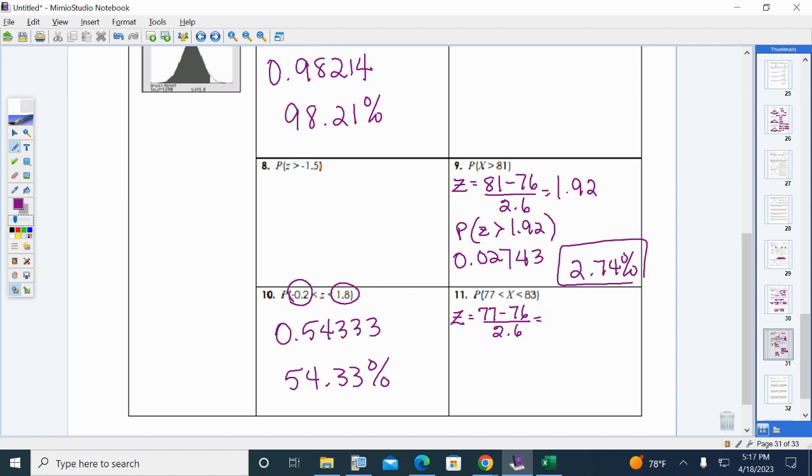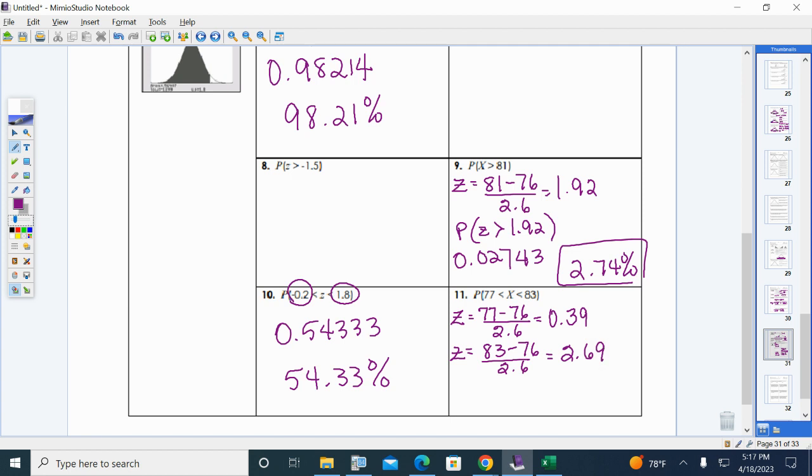That's going to give me a z-score of 0.39. And then for the 83, 83 minus the 76 divided by 2.6. When you put all that in the calculator, you're going to get 2.69.